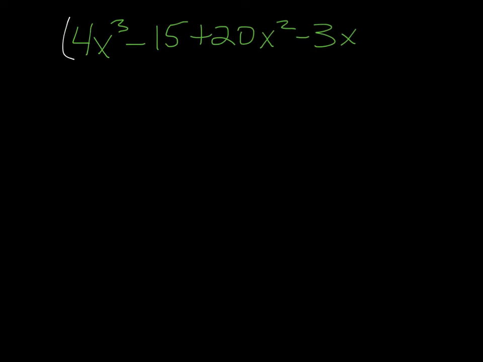So we put some imaginary parentheses around each of these groups and see if we can take anything out. Now we're looking at this first group and nothing can come out. There is no greatest common factor here. There is on this second group, but we need to be taking out greatest common factors out of each of these parentheses, and since we can't do it in this one, we might as well just move on.